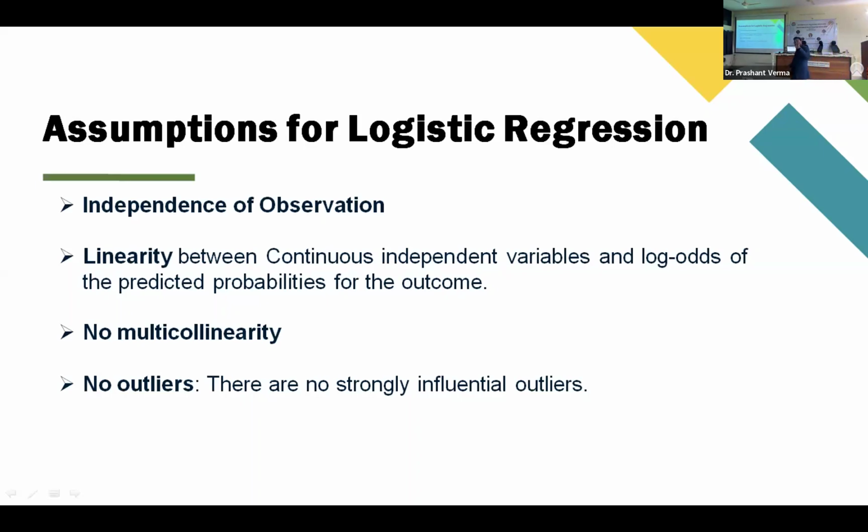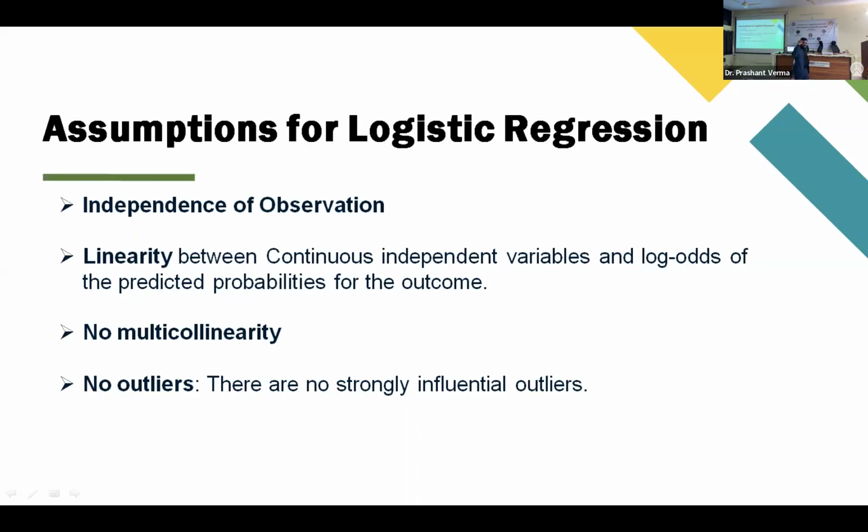It affects the model up to an extent. Multicollinearity, have you heard about it? It is when the independent variables have high correlation basically. So why is it a problem? If the independent variables are correlated with each other, why is it a problem? Because it will distort your model.